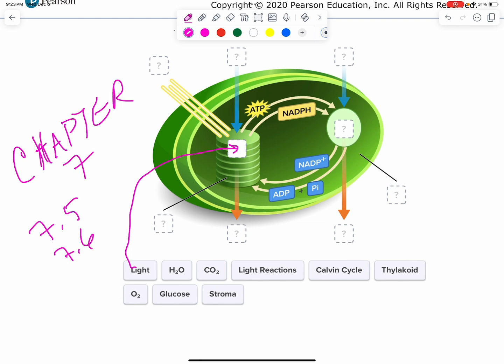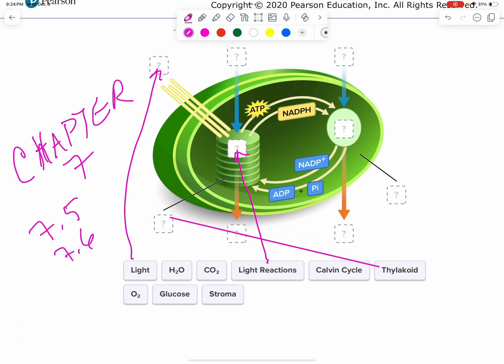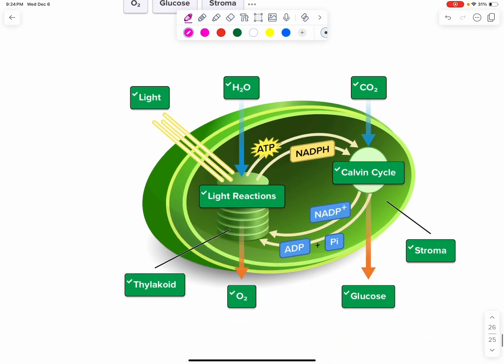Let me take that back. This is the light reaction. That word goes right there. Light is right up there. This is the thylakoid right there. And so on. So here's the answer key.